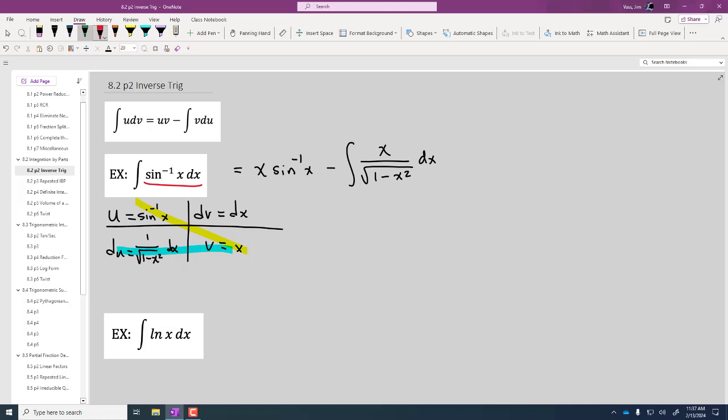And what technique do we use for that? U sub. If we let u be what's in the root, we have a quadratic in the root, and the derivative of a quadratic is a linear. So the u sub is going to work perfectly here. So we get du equals minus 2x dx. Let's isolate the x dx.